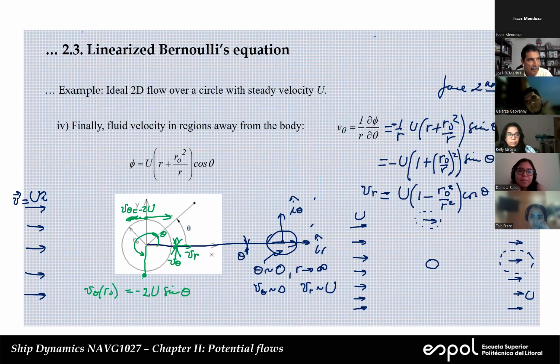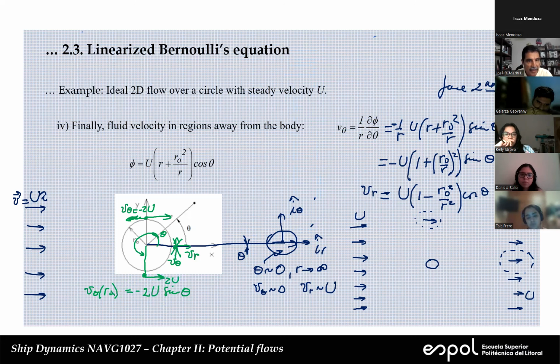3π divided by 2. And what's the sign of that? Minus, minus 1. So the velocity in this area would be minus 2u times minus 1, so that's about 2u. That means that if we analyze in this region, the velocity will be positive.